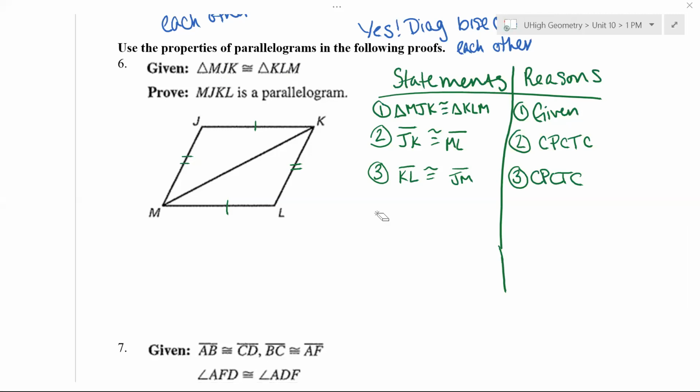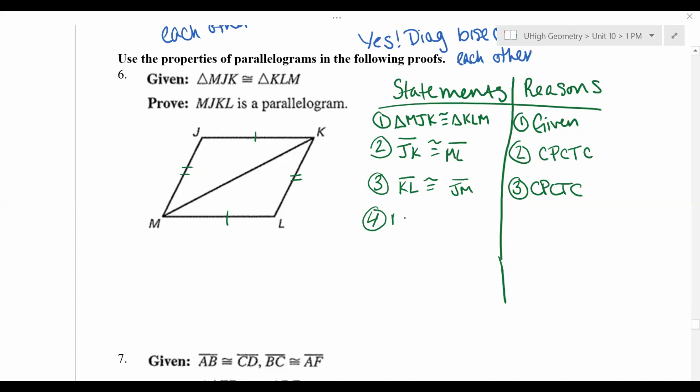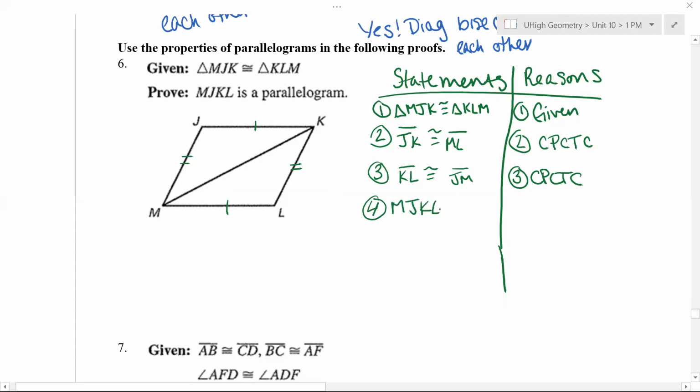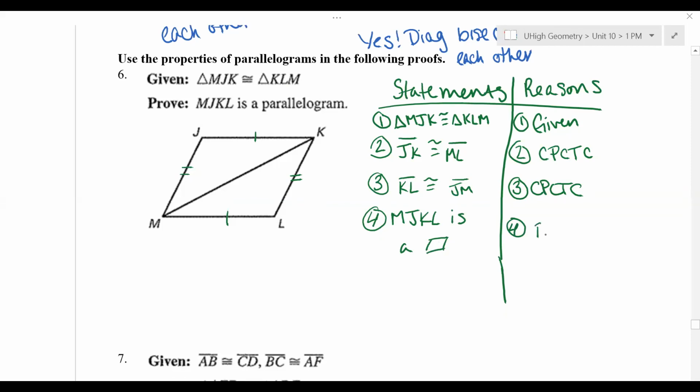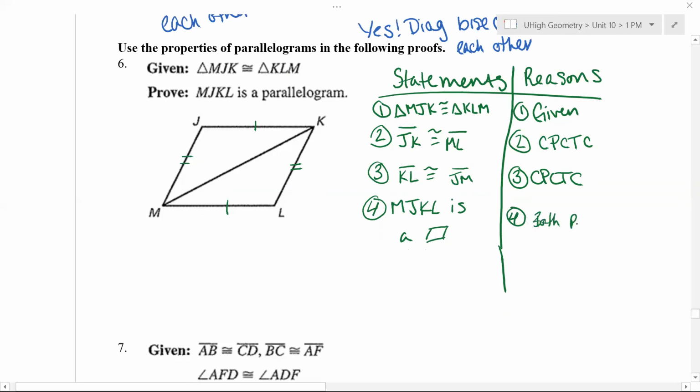And if we think about those 6 ways to prove, I do have enough to prove that MJKL is a parallelogram. My reason number 4 for this one is because both pairs of opposite sides are congruent.